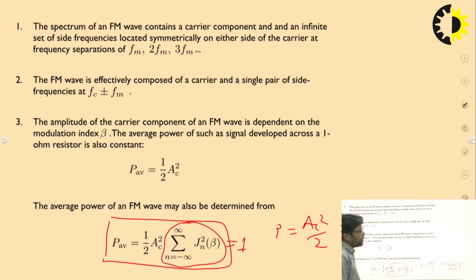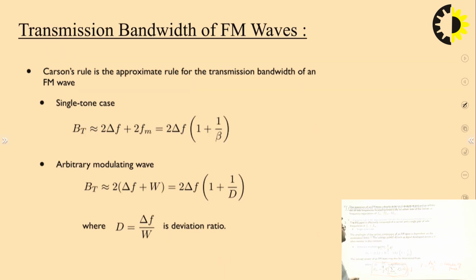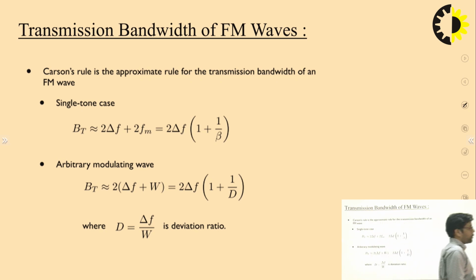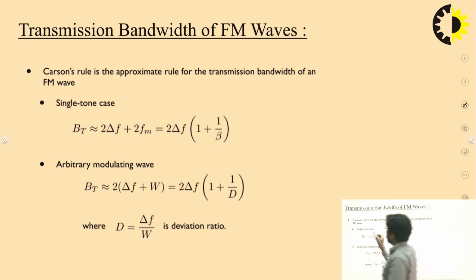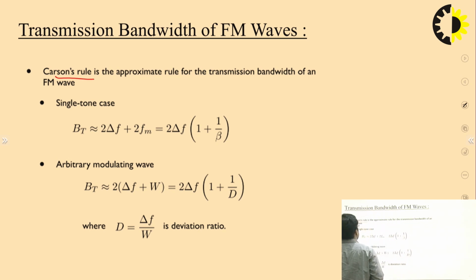Practically, how can we decide the bandwidth of the system? For the transmission bandwidth of a frequency modulated wave, there is a rule to define the bandwidth, the Carson rule. The Carson rule specifies the frequency modulated system bandwidth.